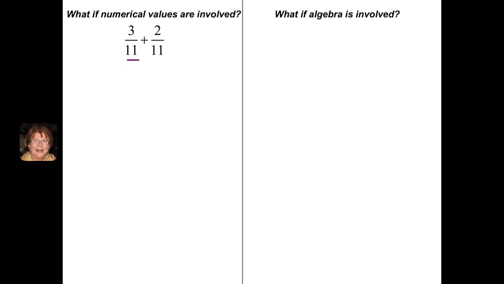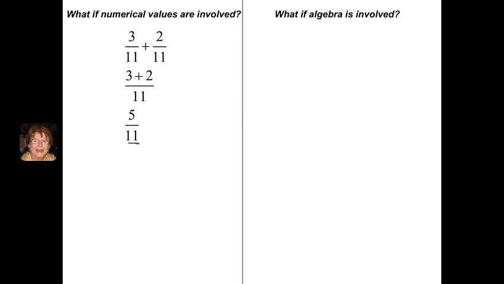The denominators are identical. Therefore, what you did is you kept that denominator and you added or subtracted the numerators. Here we're adding 3 plus 2. Our final answer then, we kept that denominator and we add the numerators.